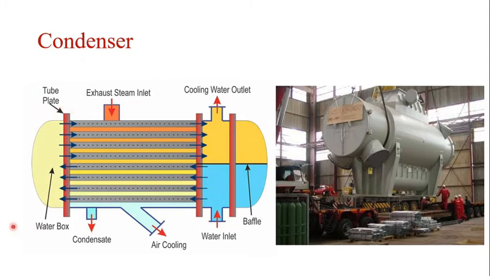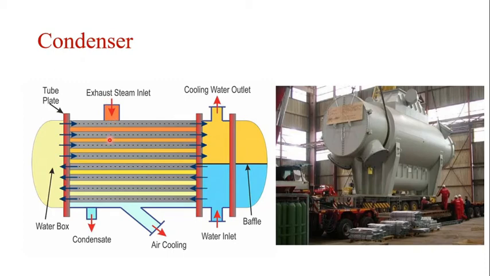This is the condenser chamber, in which tube plates are there to support the water tubes. The exhaust steam is introduced into the condenser chamber through the exhaust steam inlet.